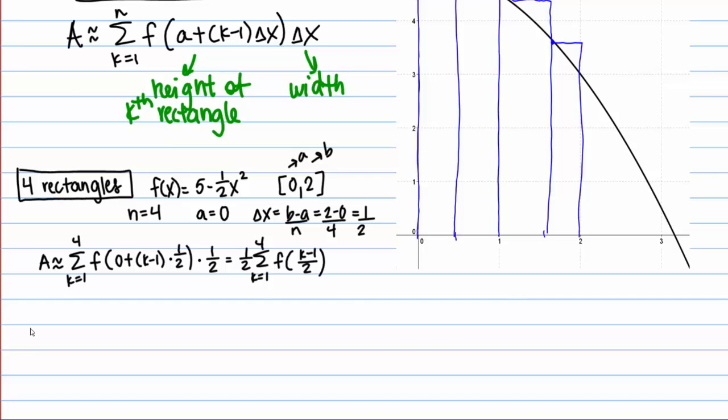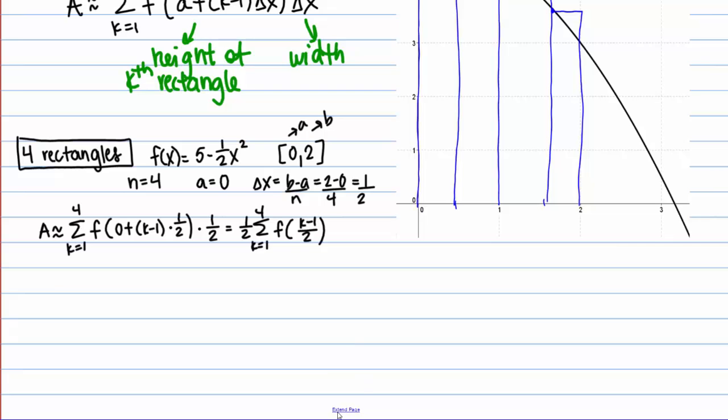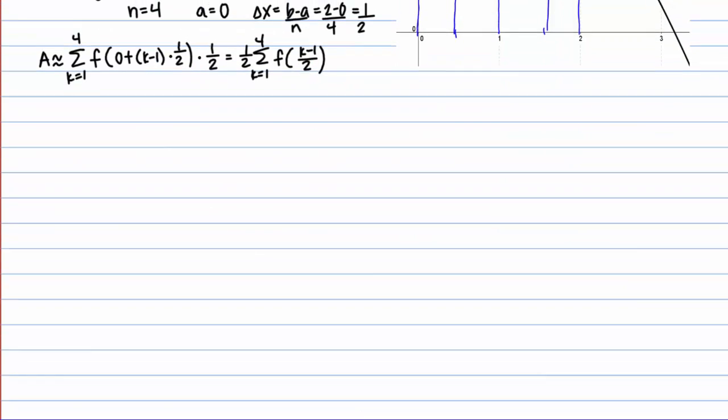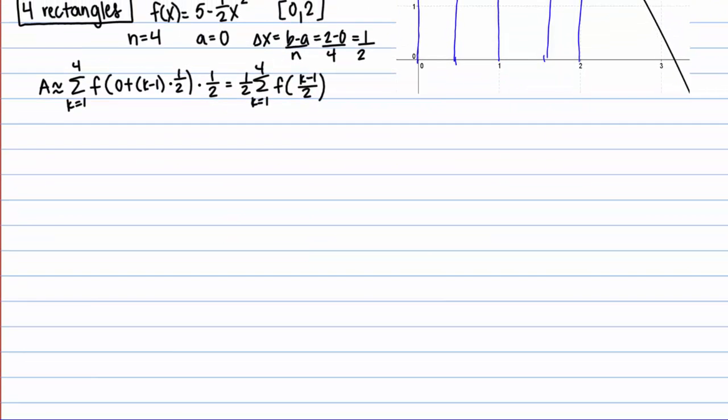Okay, so what do I do next? Well, this notation, f of k minus 1 over 2, is telling me to take k minus 1 over 2 and plug it into f. If I plug that entire expression in for x in my function, I get 5 minus 1/2 times the quantity k minus 1 over 2, squared.